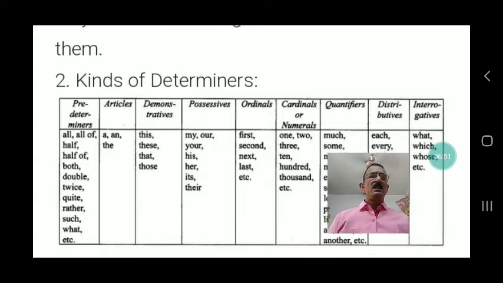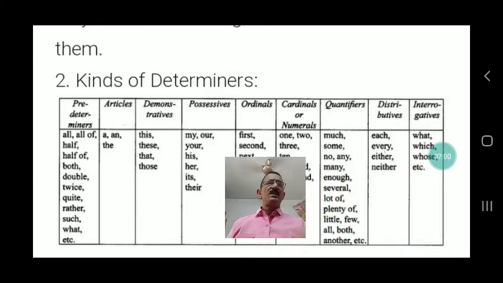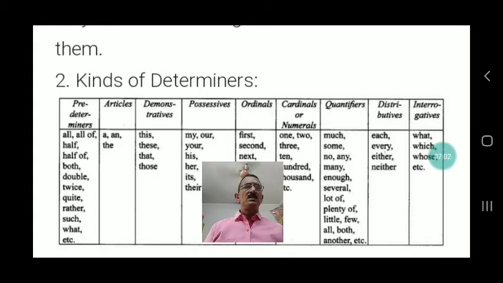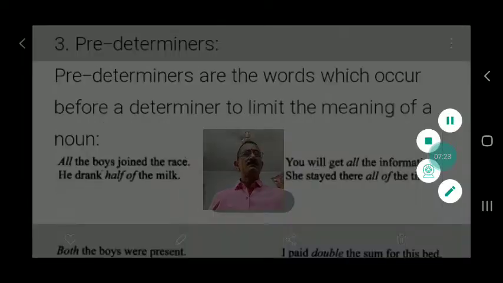Cardinals: 1, 2, 3 up to 12, 100, 2000, etc. Quantifiers: much, more, no, enough, several, lot of, plenty of, little, few, all, both, another. Distributives: each, every, either, neither. Interrogatives: what, which, whose, etc. These are interrogative determiners.